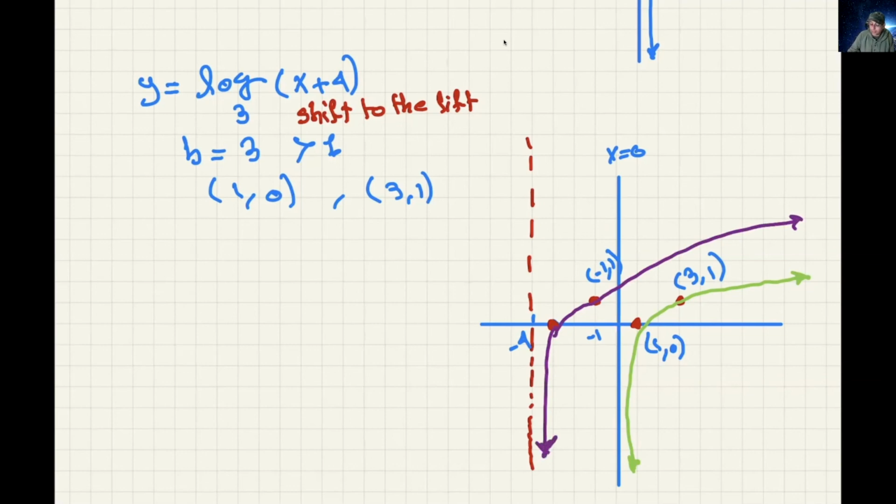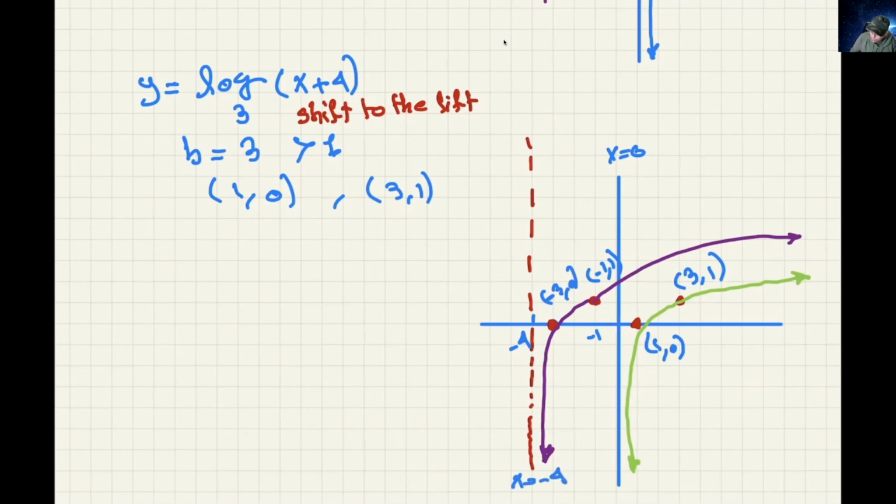So now, let's think about the domain and the range. I think I need to graph it better. Okay, maybe better this time. So here the point is -3 and 0. So here's the domain. Now this is x equals -4.